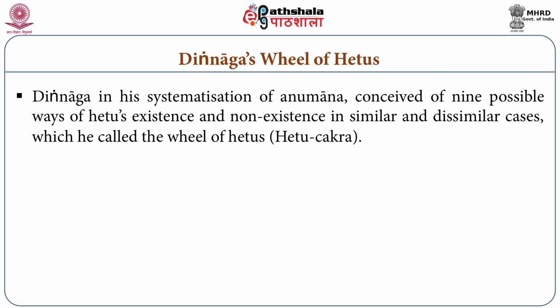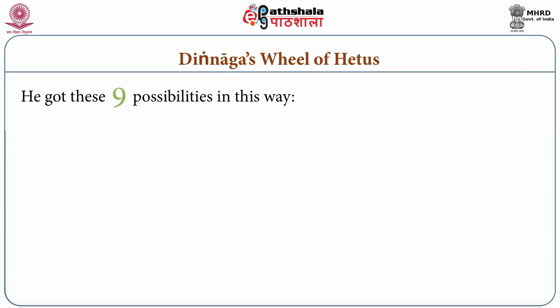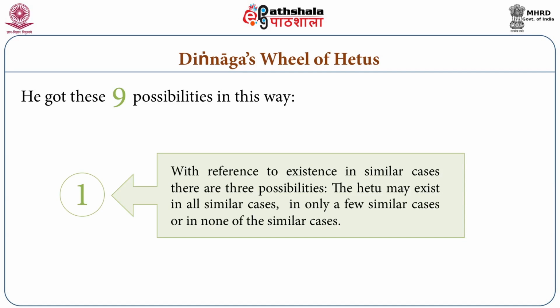Dinnaga, in his systematization of Anumana, conceived of 9 possible ways of Hetu's existence and non-existence in Sapaksha and Vipaksha, which he called the wheel of Hetus, that is Hetu Chakra. He got these 9 possibilities in this way. With reference to existence in similar cases, there are 3 possibilities.